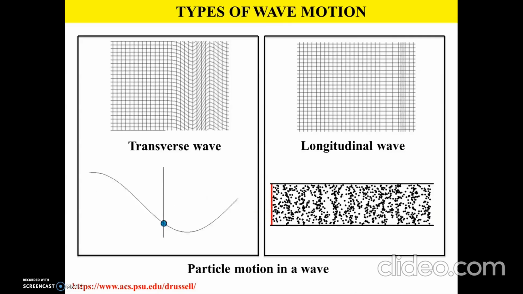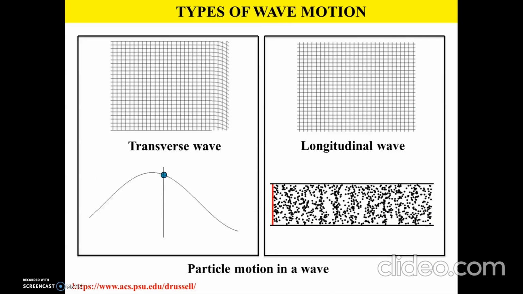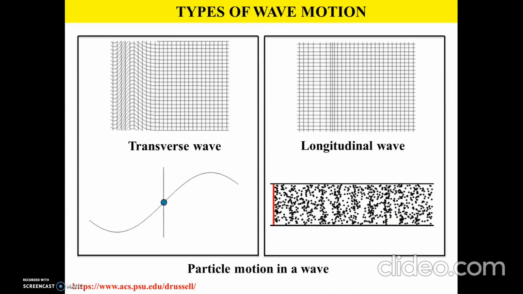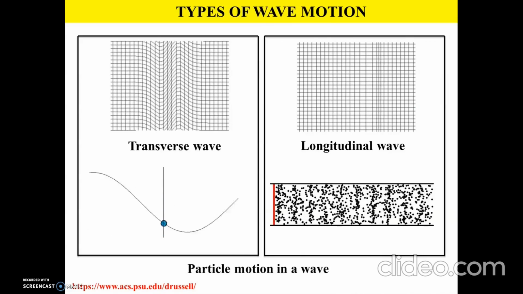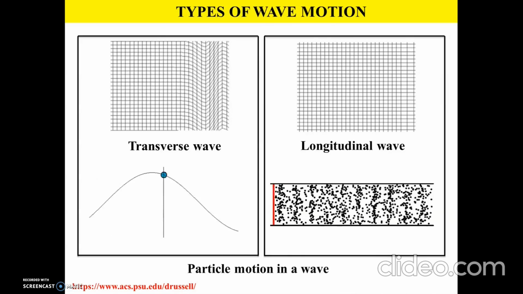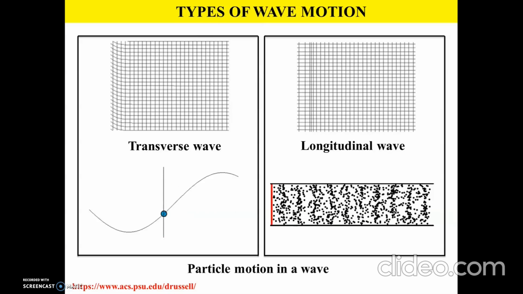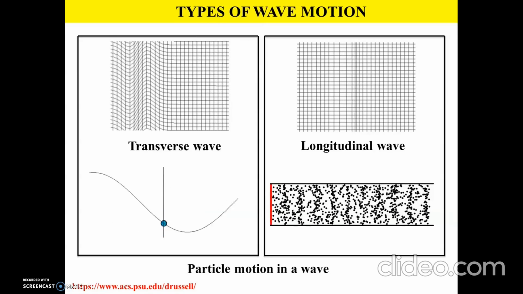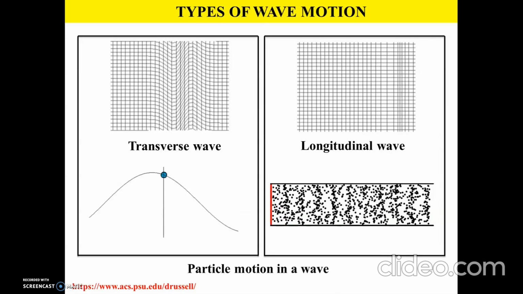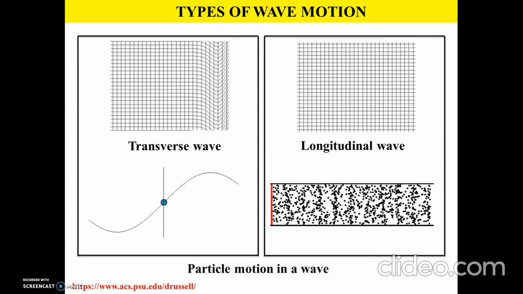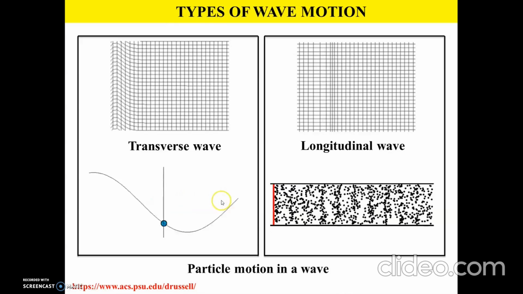The waves, depending on the type of motion they have, can be categorized into transverse waves or longitudinal waves. What is happening in a transverse wave is that the particle is oscillating back and forth, and it is moving perpendicular to the direction of the motion of the wave.